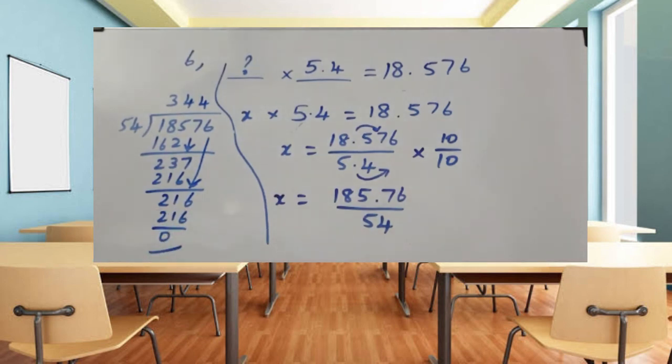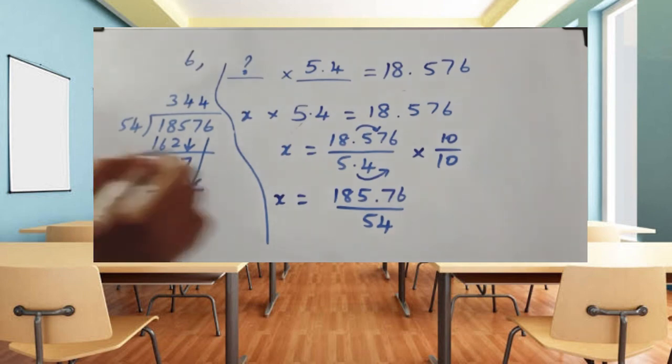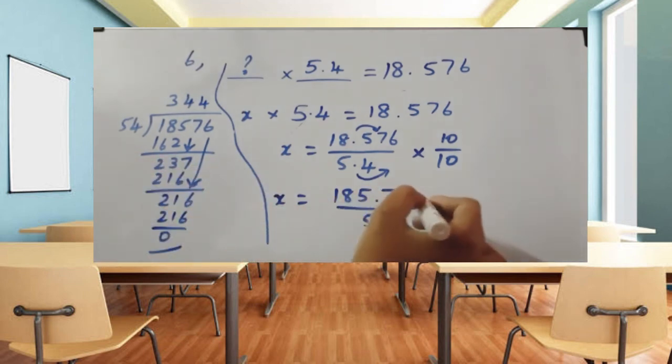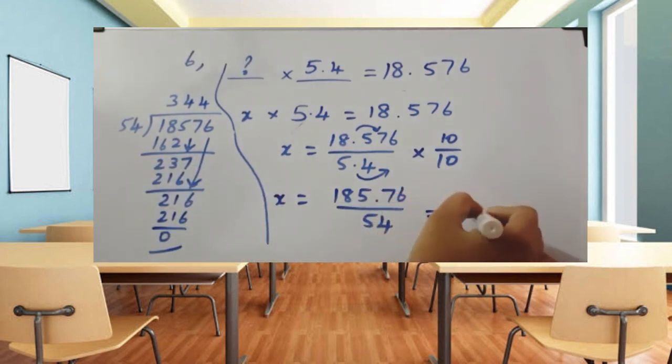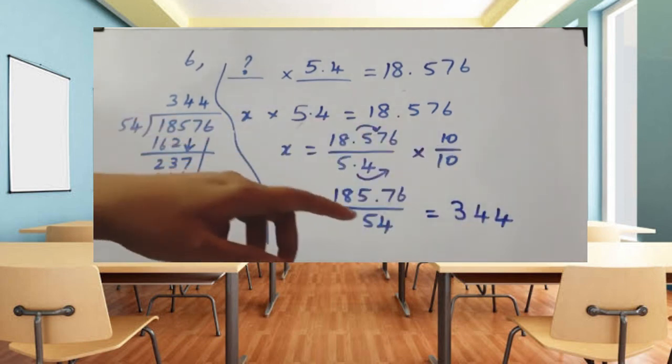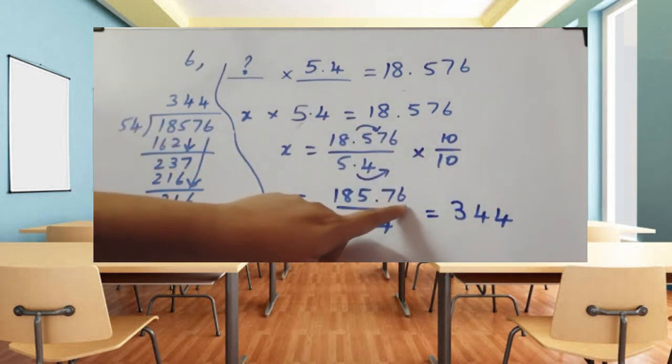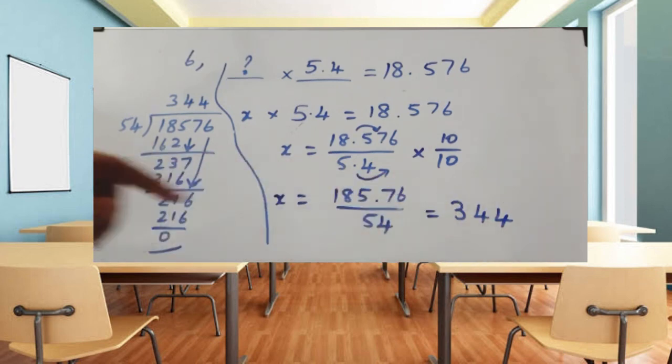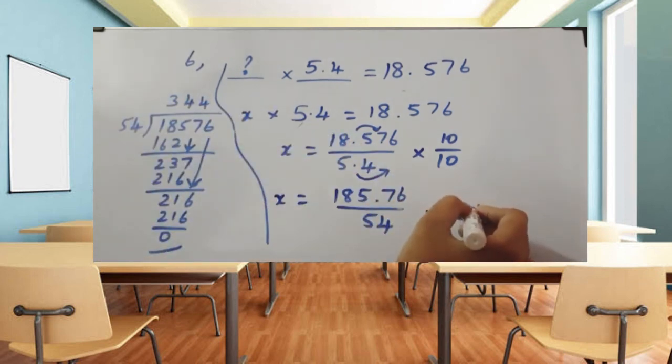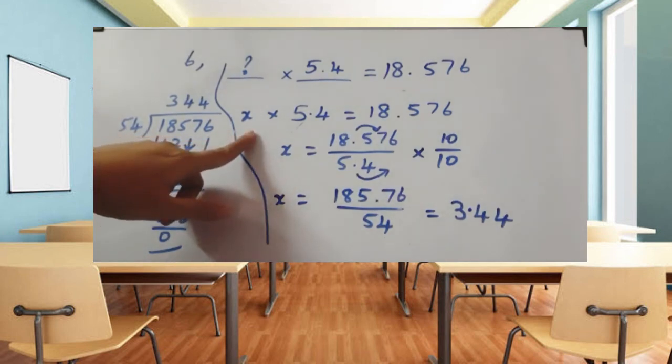So the x value is 344. Here we have two digits after the decimal, so we need to keep the decimal point after two digits. So the answer will be 3.44. The missing value of x is 3.44.